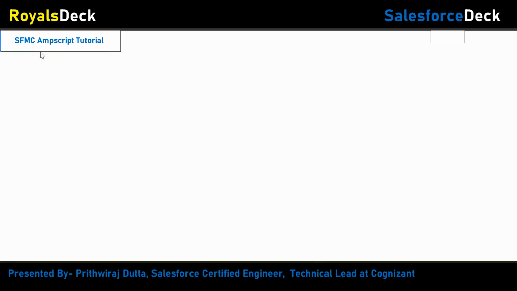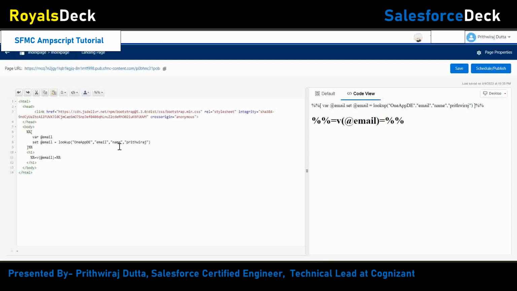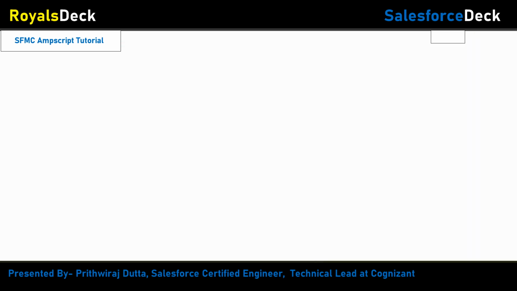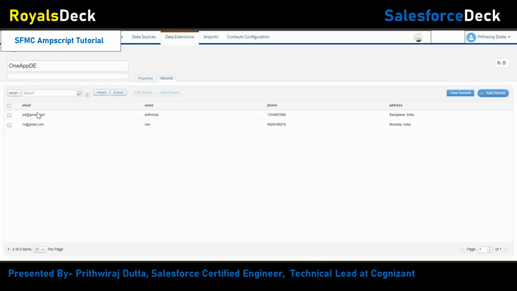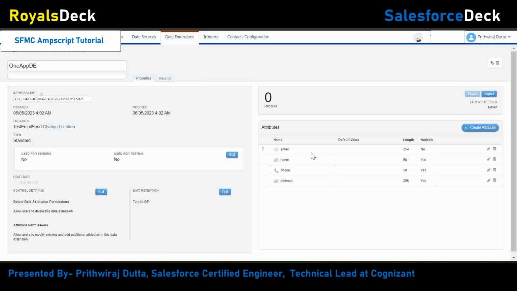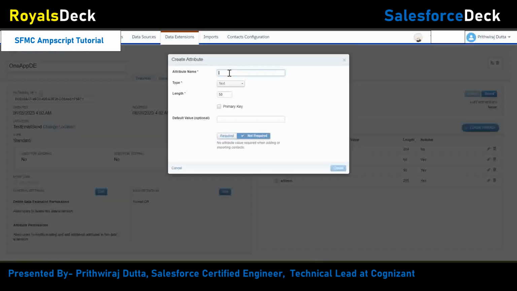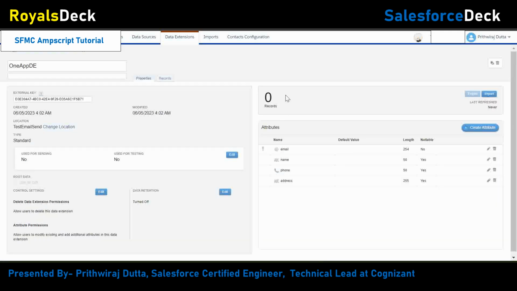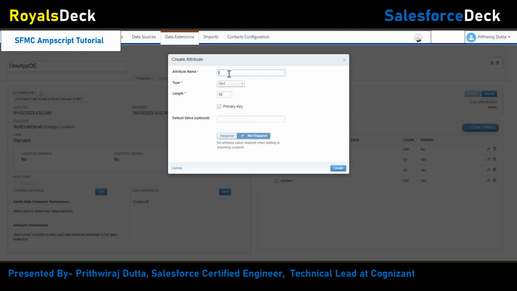Now let's say we want to not only look up one, but we want to look up all these values, right. So for that let's clear this again. We will add a new field attribute. We'll give it as flag, because we need to look up against something, right. Let me reload the page, maybe it is not working.